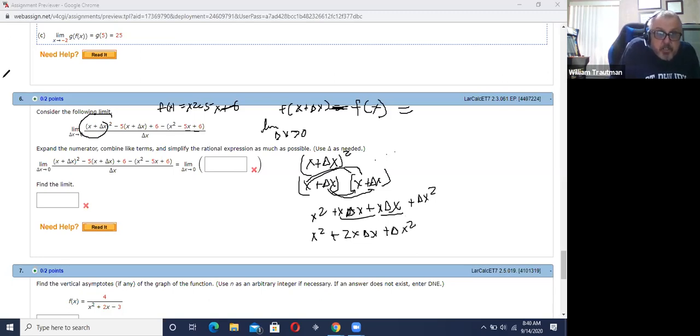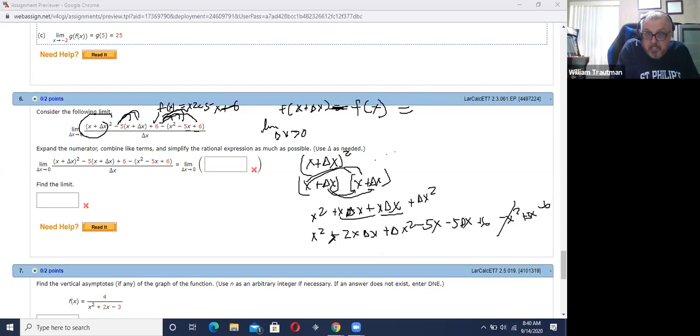Then I'm going to distribute the -5, and I get -5x and -5 change of x. And then I have the plus 6 after that. Then I had to distribute this negative sign, -x squared, negative negative changes to a plus 5x, and then negative 6.